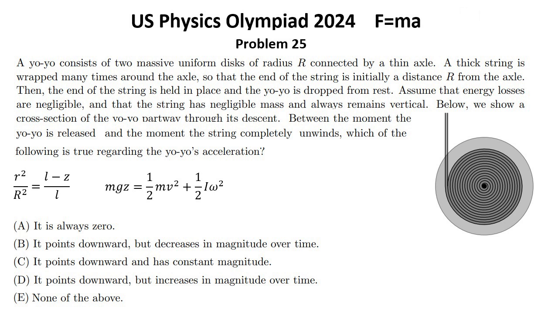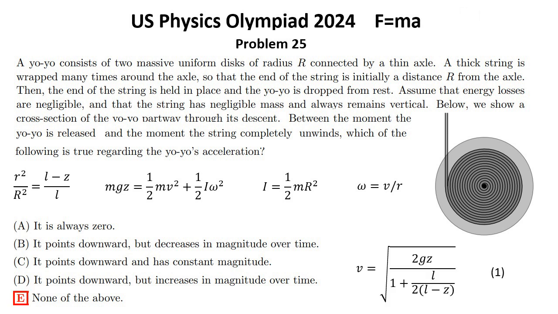If the disks have total mass m, conservation of energy gives mgz equals 1/2 mv squared plus 1/2 I omega squared, where I equals 1/2 m big R squared. But omega equals v over small r. Solving for v gives formula 1.